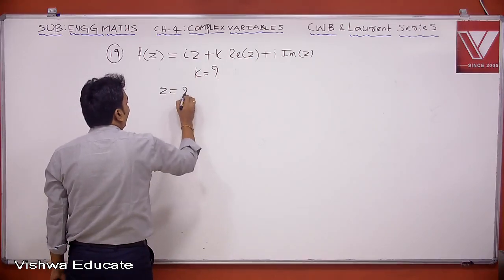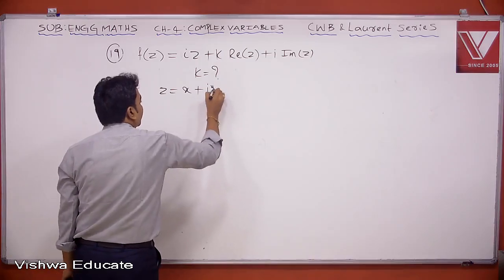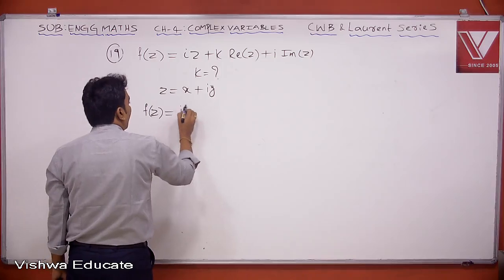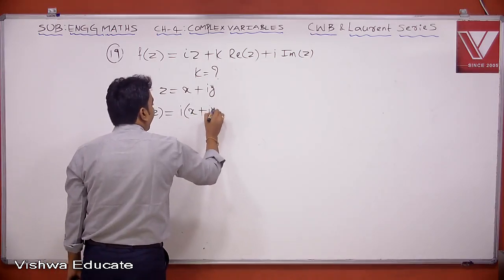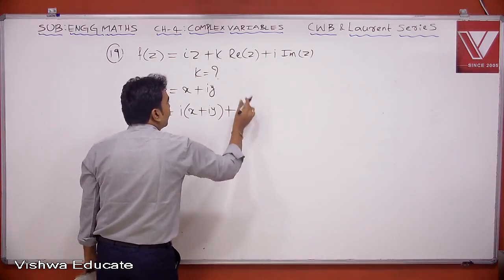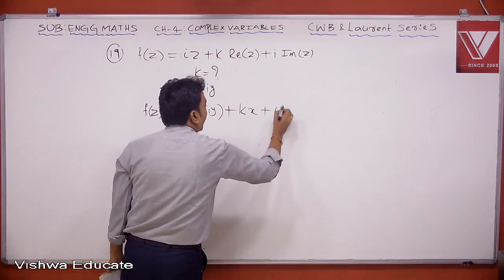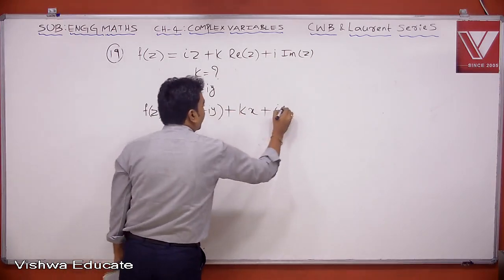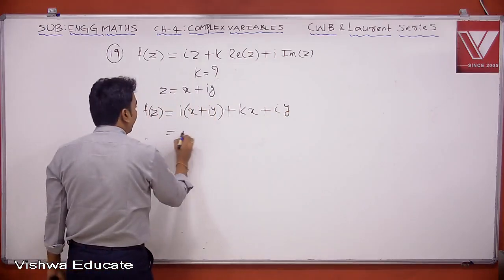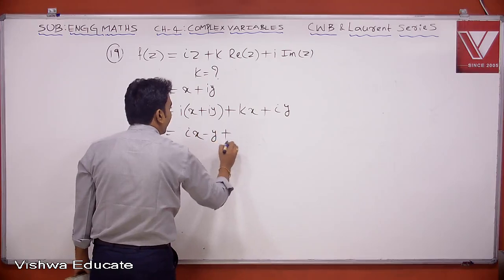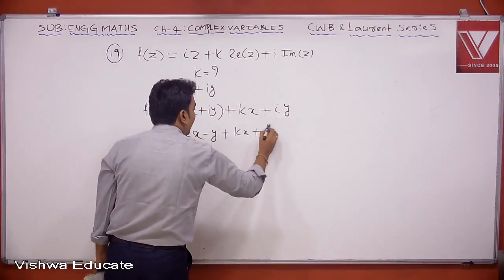Here z is a complex variable, so z is nothing but x plus iy. So f of z equal to i into x plus iy plus k into the real part of z, which is x, plus i into the imaginary part of z, which is y. So therefore this is ix, i square into y gives minus y, plus kx plus iy.